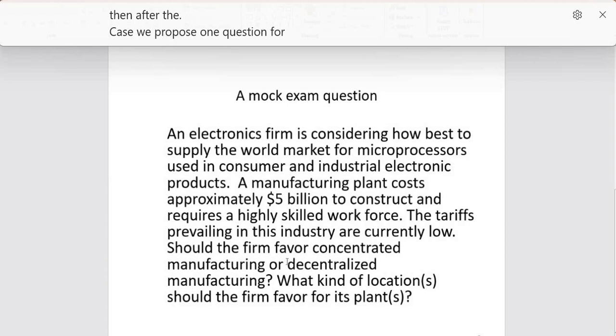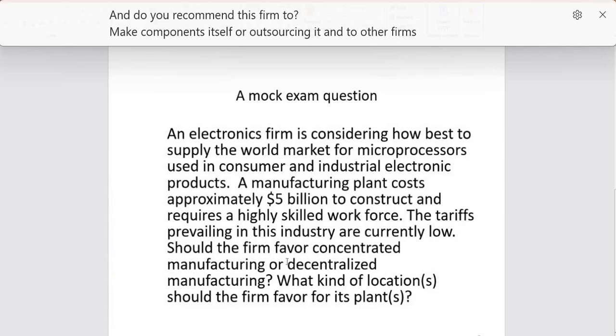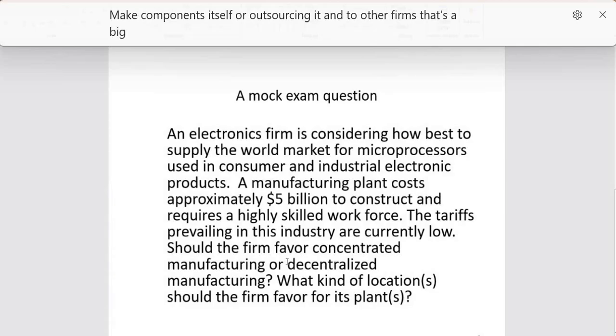For example, do you recommend this firm to make components itself or outsource them to other firms? That's a big question.